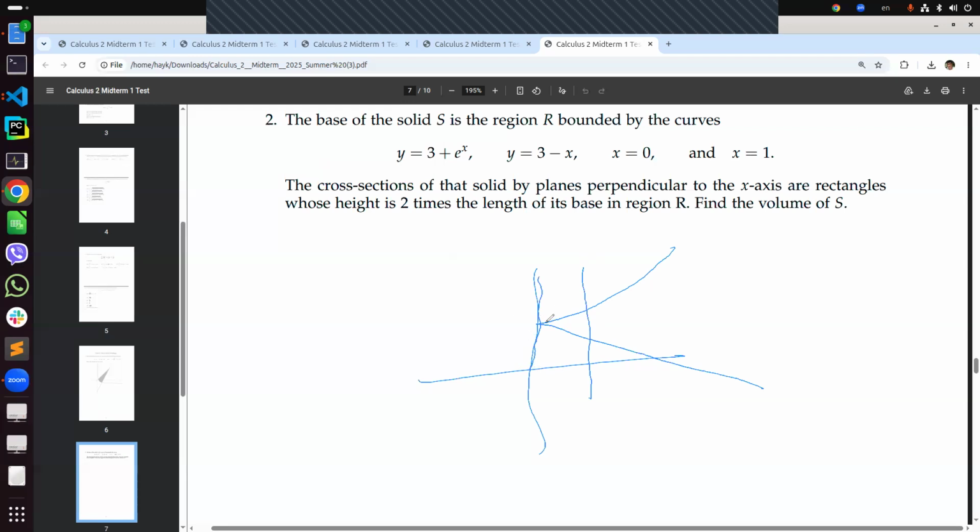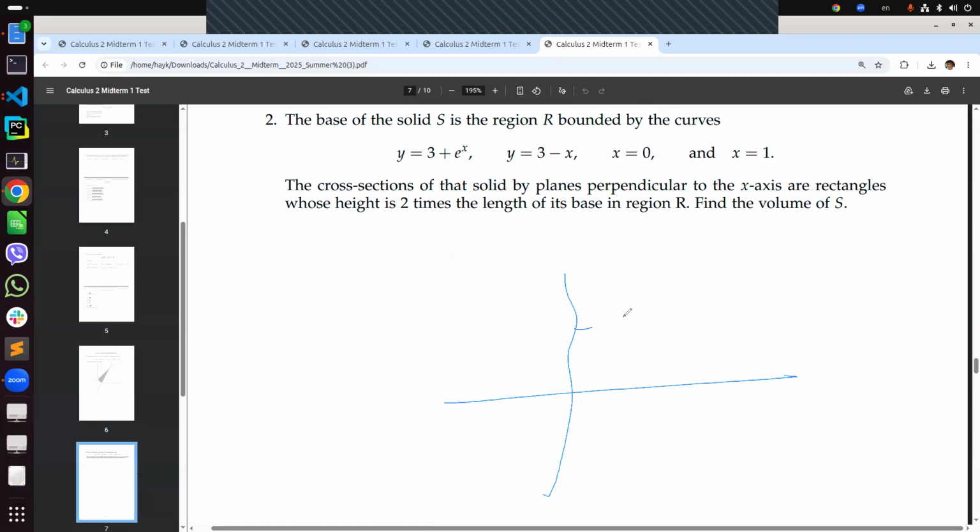So I did something wrong here in this picture. When x equals, so this is here is 4, here is 3.